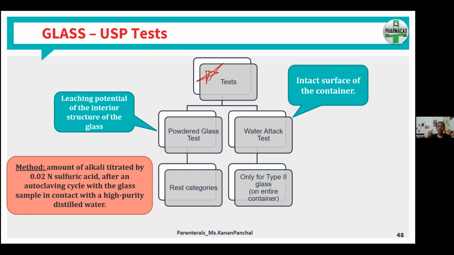You get to know the leaching potential of the interior structure of the glass. The objective of powdered glass test is to understand the leaching potential of the interior surface of the structured glass. And this is the method from the USP general chapters, from which I have taken it.